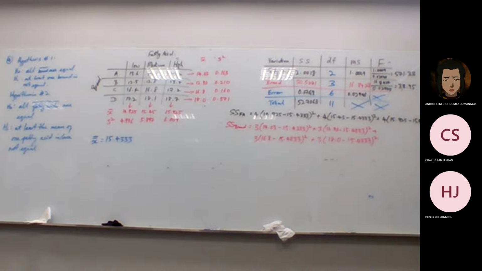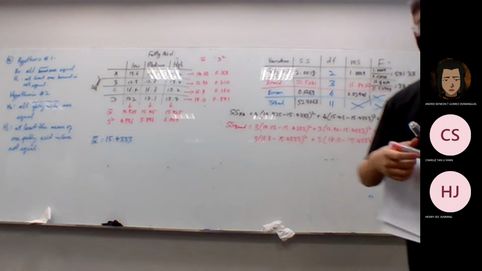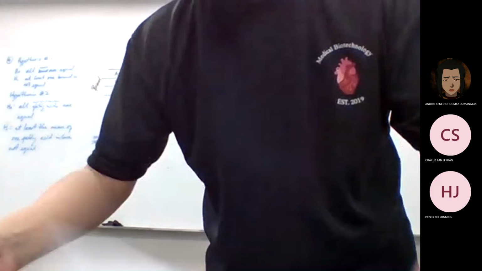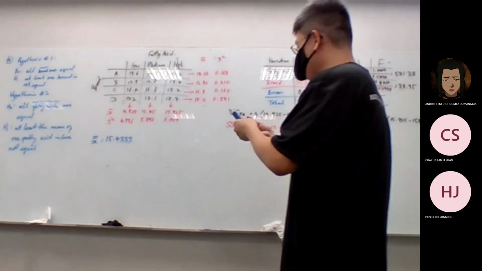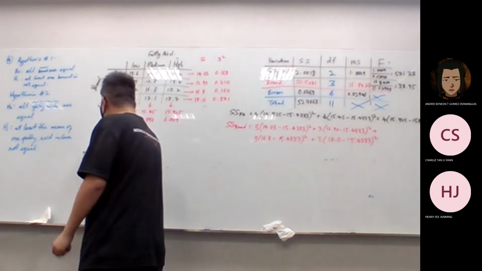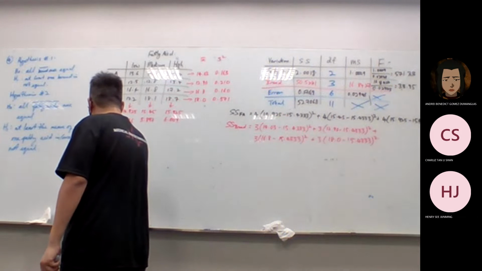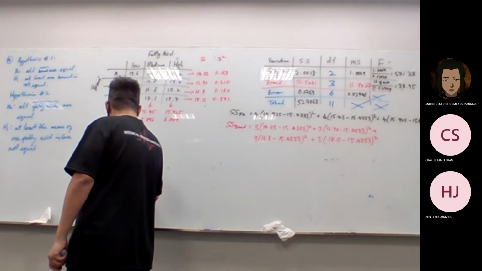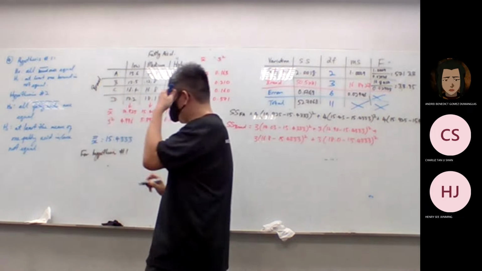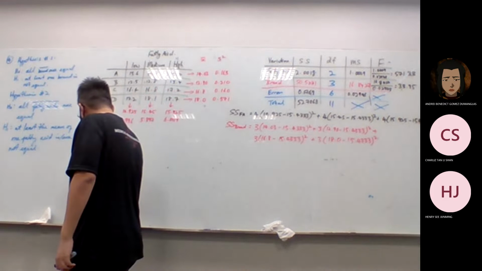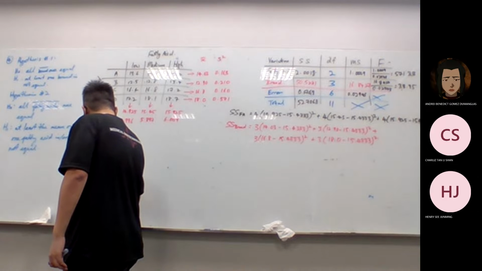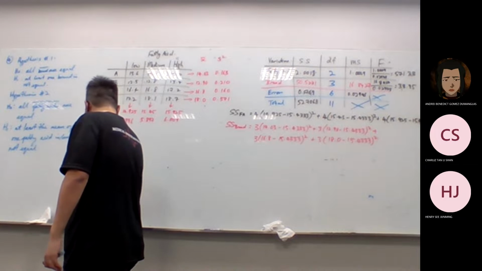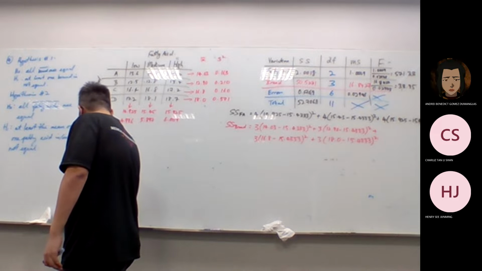Because of this, you end up with two critical values. Okay, hopefully you can see. So let's write here. For your hypothesis 1, critical value is 0.05.